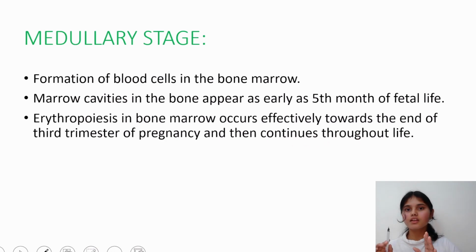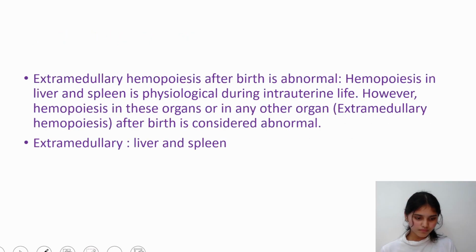So when the baby hits the 3rd trimester of pregnancy, erythropoiesis shifts to the bone marrow and occurs more effectively. Now, extramedullary hemopoiesis after birth is abnormal. That is hemopoiesis in the liver and spleen, which is physiological during intrauterine life, that is before you're born.